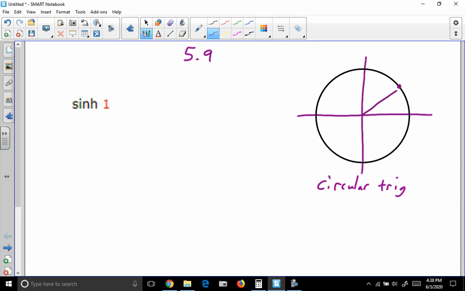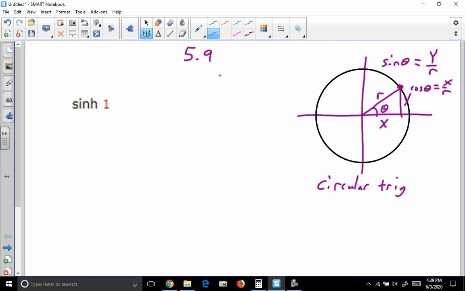So if we want to find sine of a given angle, it's tied to the y coordinate on a unit circle, or if it's not a unit circle, if that's r, that's y, and that's x, then the sine of our angle is y over r. Cosine of our angle is x over r. And then tangent is y over x.